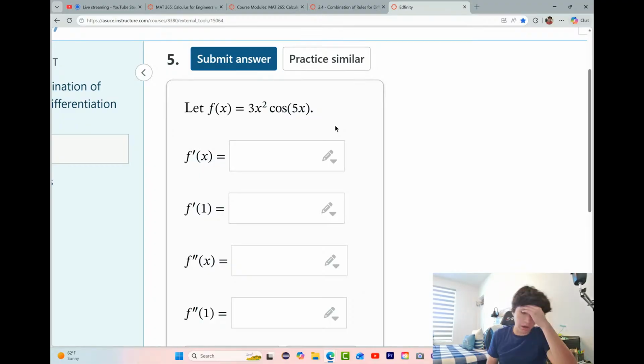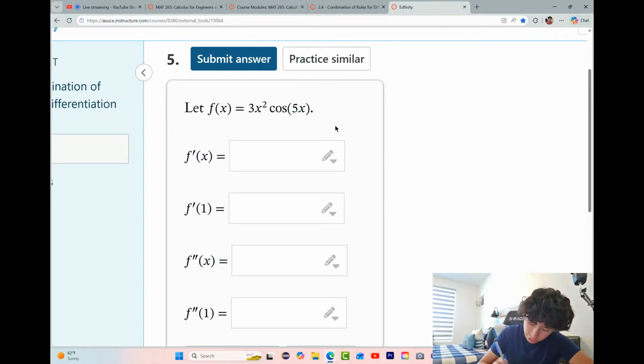Perfect. Okay. And then we need to do the product rule, I think. So f prime of x equals, so we have 3x squared times the derivative of g of x, which is cosine of 5x. So here we get times negative 5 sine of 5x, plus, I'll put plus down here.